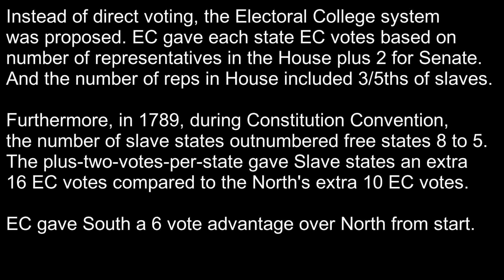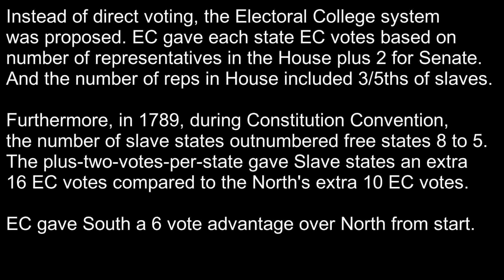Instead of direct voting, the Electoral College system was proposed. The Electoral College gave each state electoral votes based on the number of representatives in the House plus 2 for the Senate. And that number of representatives included 3/5 of slaves.